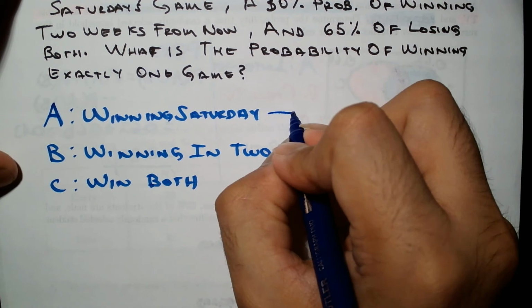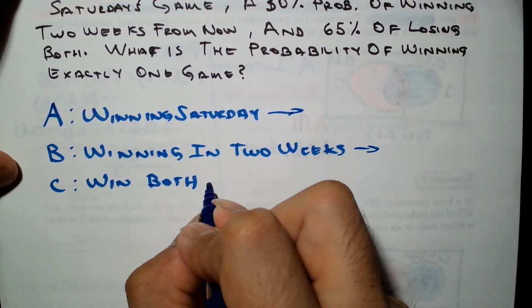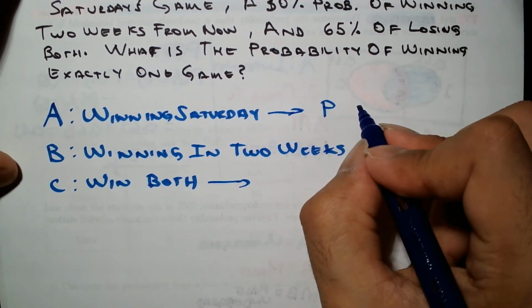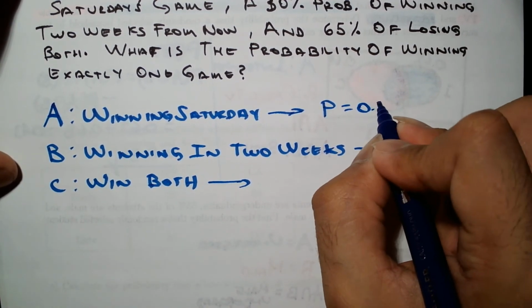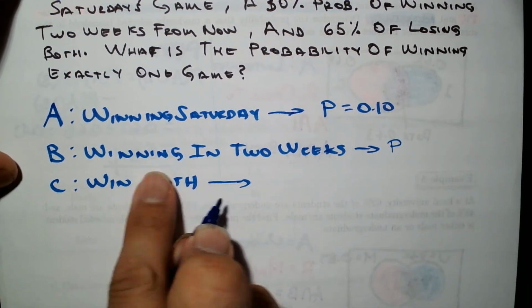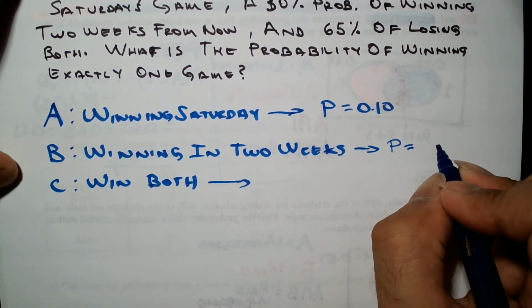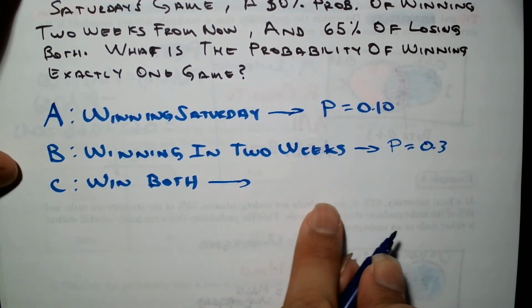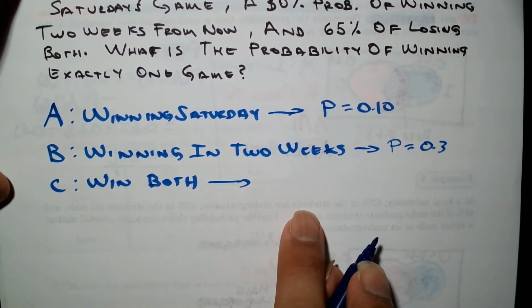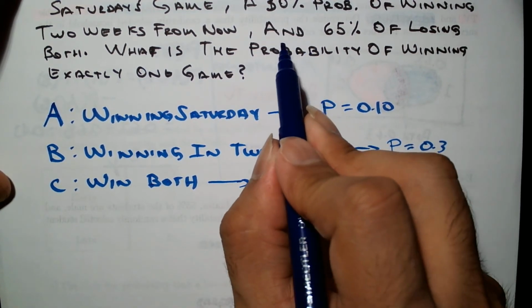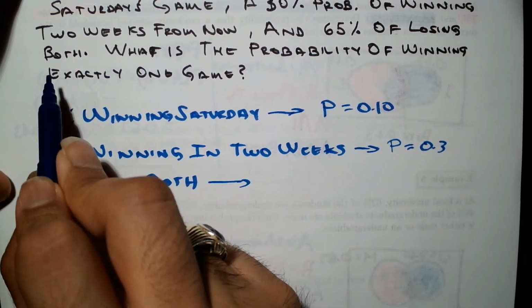Let me write this again with their corresponding probabilities. The probability of winning Saturday is 10%, which is 0.10. The probability of winning in 2 weeks is 30%, which is 0.3. We have a problem here with the probability of winning both, because they are giving us the probability of losing both.